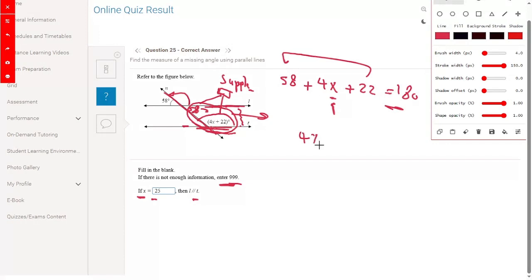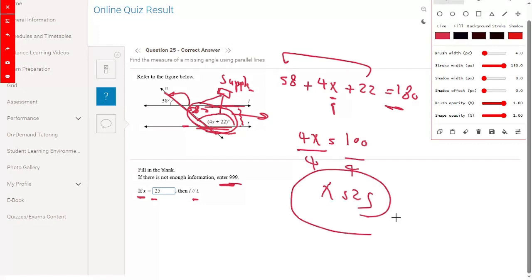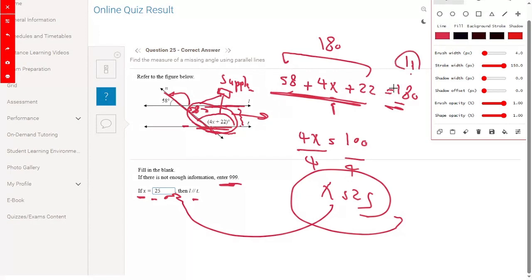So 4x will be equal to 100. Divide by 4, so x will be equal to 25. So when x is 25, this side will be 180, and the other side will be 180. So the interior angles are equal to 180. That means these two lines are parallel.